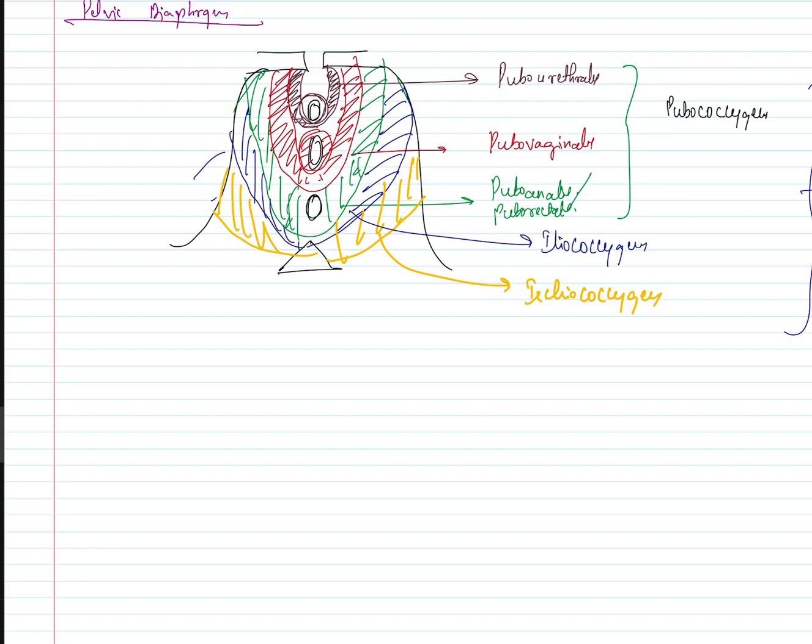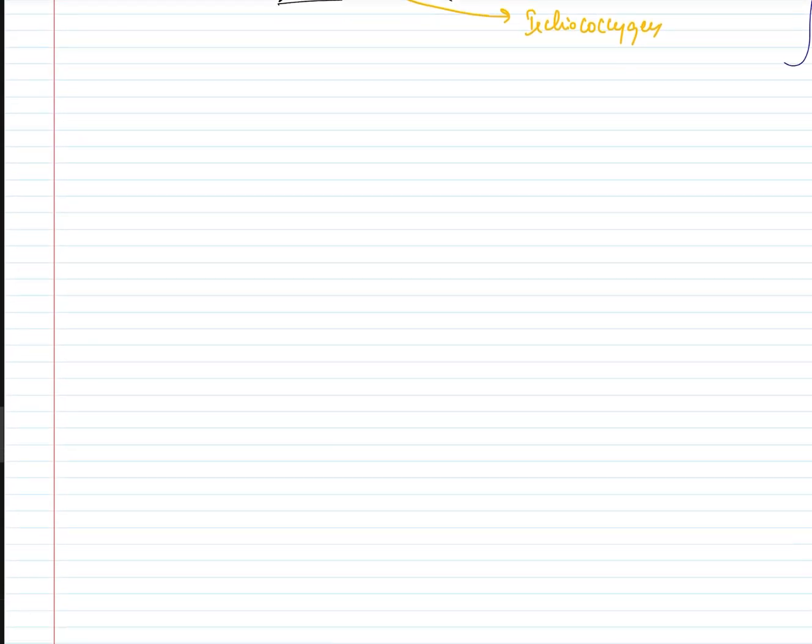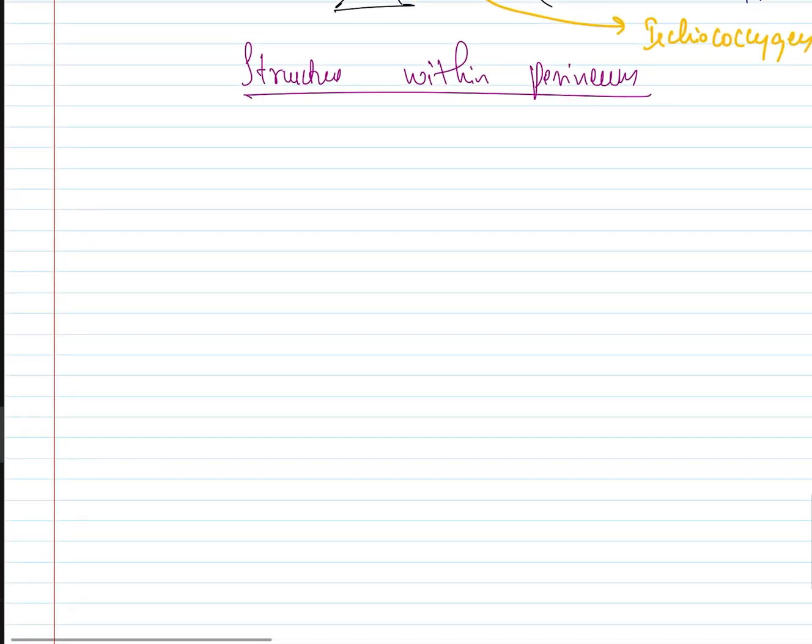Now let's go to the structures within your perineum. What are the structures in the perineum? Outside, whatever you see in the superficial perineal pouch is your perineum, which I'm going to talk about. There is a vestibule which contains labia minora, majora, and all, which I'm going to draw now.